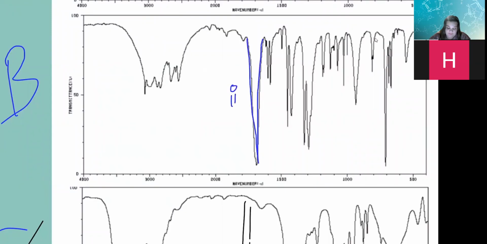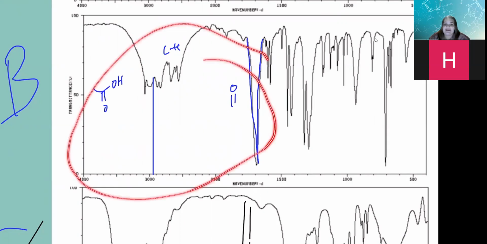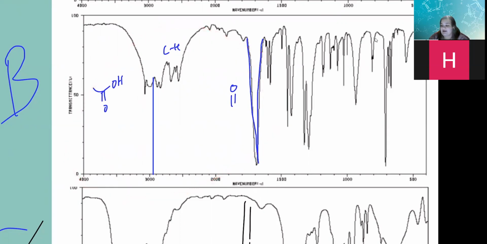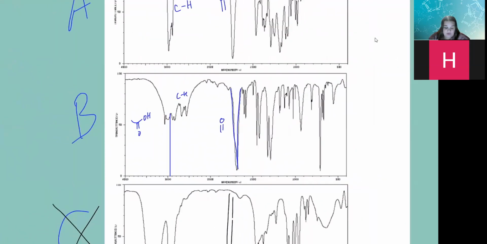That's your double bonded O. Now, at 3000 we have our carbon H stretching, but we also have this piece. This is another way that you could illustrate a carboxylic acid. So this guy is indicating a carboxylic acid. So B is the correct answer here.